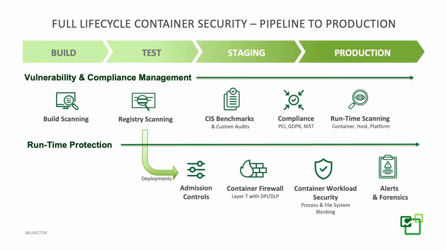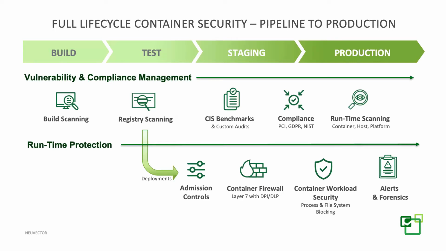So, for example, you're able to say, if there's a critical vulnerability and there's a fix available, and this was published more than a week ago, block that deployment. But if there's no fix available, just alert us on that, but let it through. And so we're able to control what gets into the production environment.